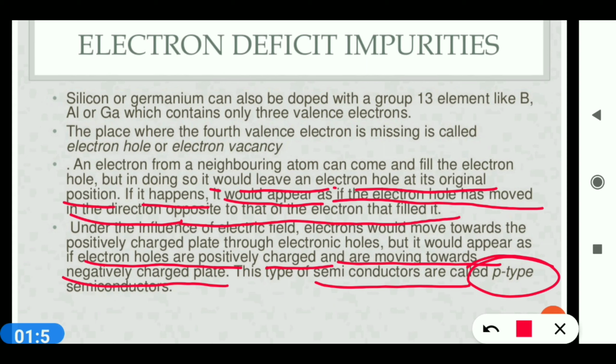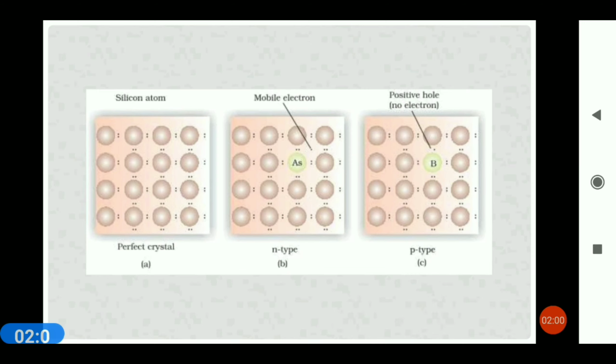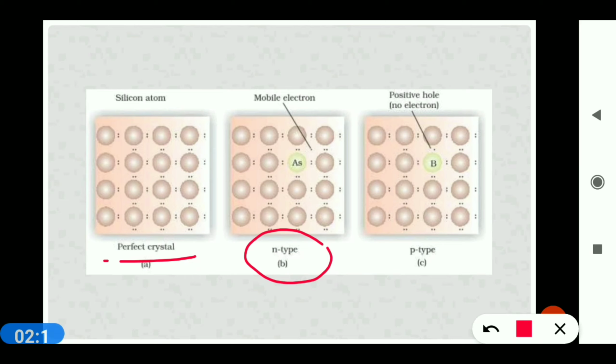You can understand this with the help of a diagram also. This is a perfect crystal. Now, in n-type semiconductors, you can see silicon gets replaced by arsenic. So, a negative electron will be there. This is known as n-type semiconductor.